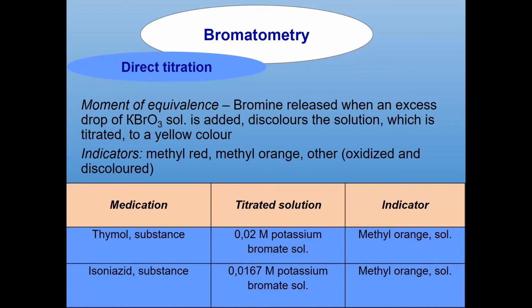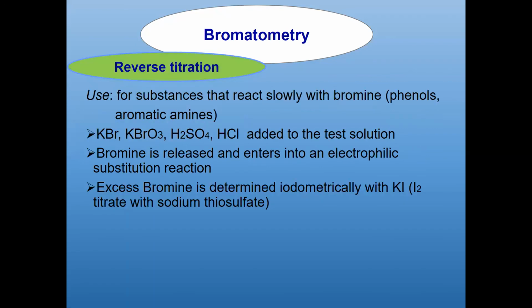Indicators: methyl red, methyl orange, others. This method is used to quantify thymol, isoniazid. Reverse titration is used for substances that react slowly with bromine: phenols, aromatic amines.